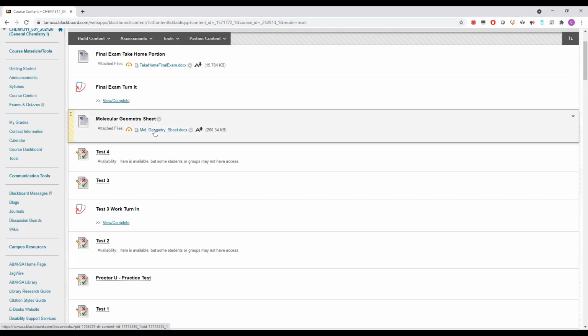The goal of today is to learn how to read and use that sheet. Make sure at some point you print out or have this sheet available to you when you take the final exam.